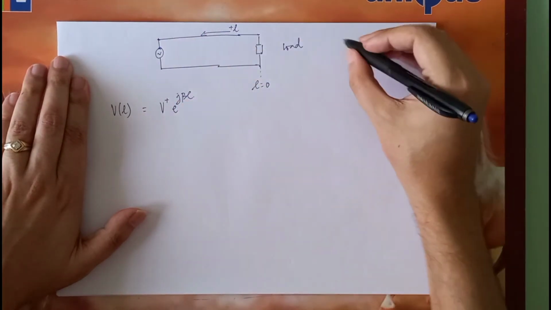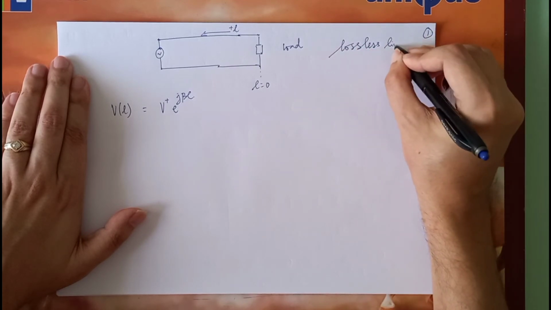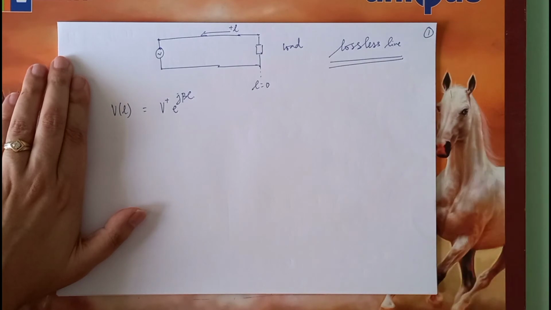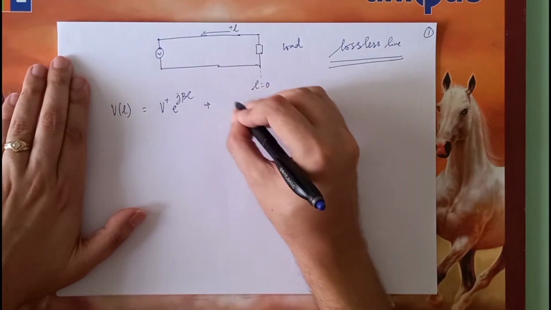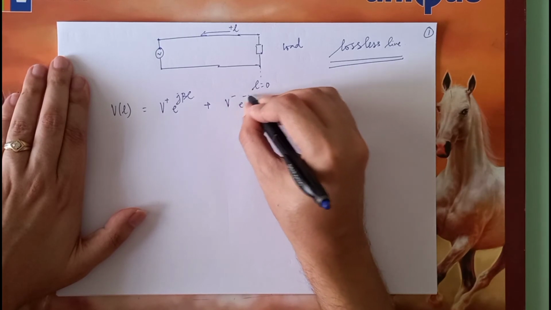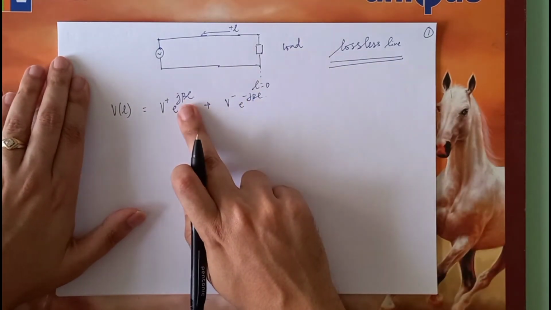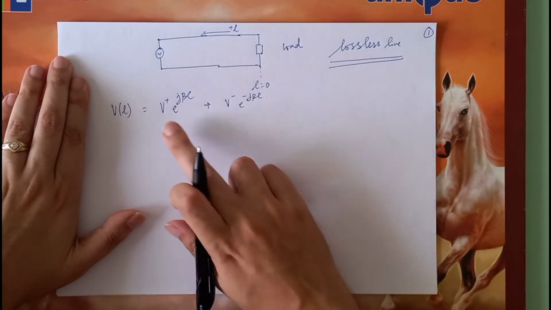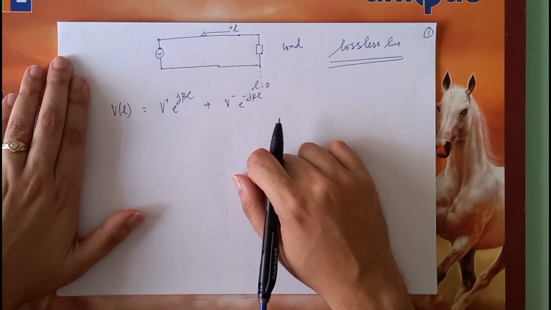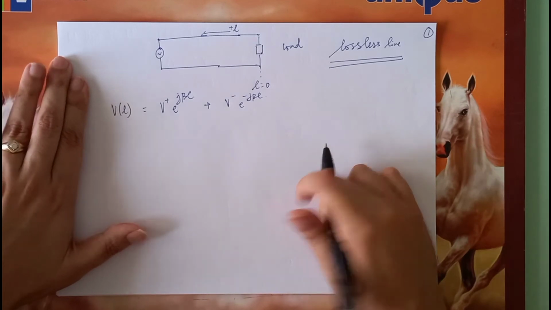So we are assuming that this transmission line is a lossless line, and that will be our assumption for most of this course. Beta is the propagation constant. V plus and V minus are constants which result from the solution of the differential equation of the voltage and current.